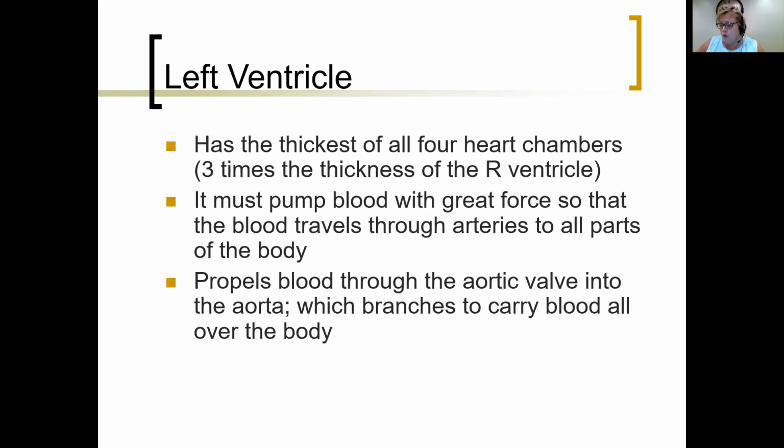All right, next we're going to trace the path of blood through the heart. We're going to begin as blood enters the right atrium from the vena cava, both the inferior and superior. We're also going to include the valves, and they filled in a couple of these for us. So the right atrium is our starting point. The next stop, after the blood comes from the superior and inferior vena cava and goes to the right atrium, is the tricuspid valve.